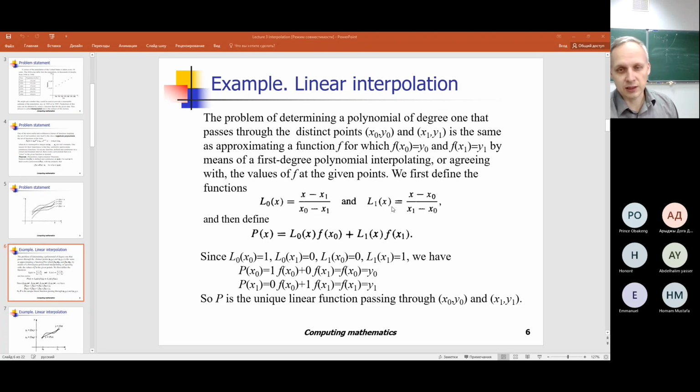And L1 is the same. It depends only on x. And after that, we can write a polynomial p of x in the following form: L0 of x times f of x0 plus L1 of x times f of x1.